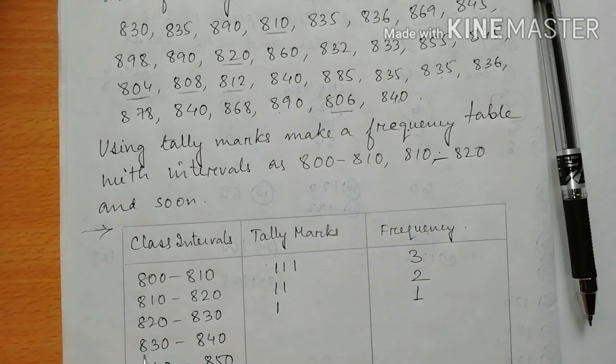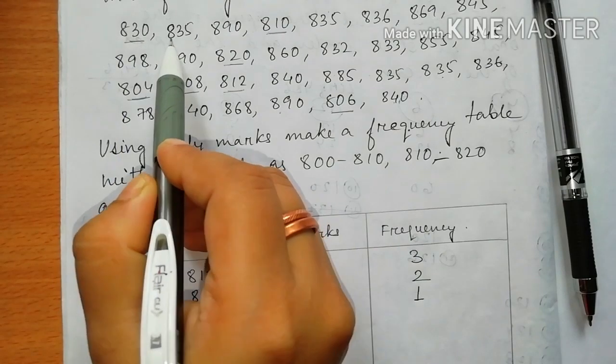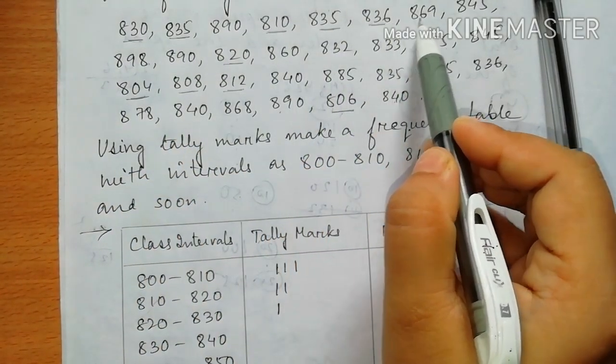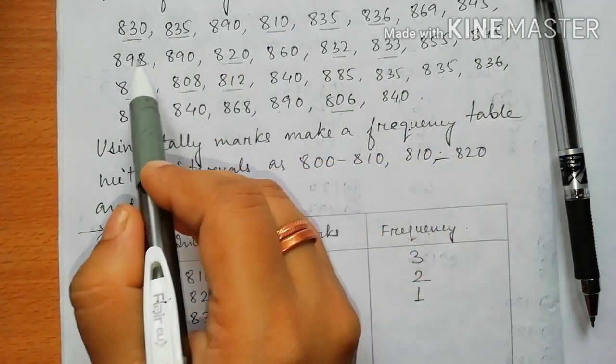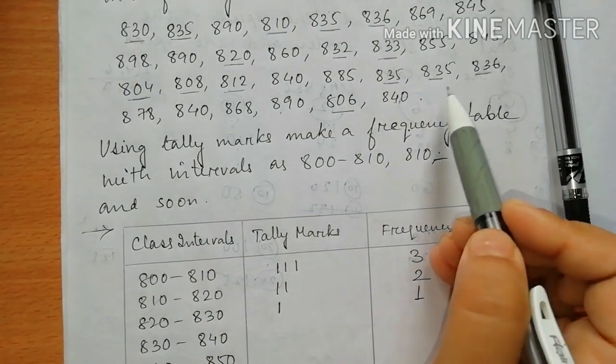Next, from 830 to 840, that means in this case the tens digit will be 3. That means the numbers from 830 to 839, we are going to find out the numbers. 1, 2, 3, 4, 5, 6, 7, 8, 9.